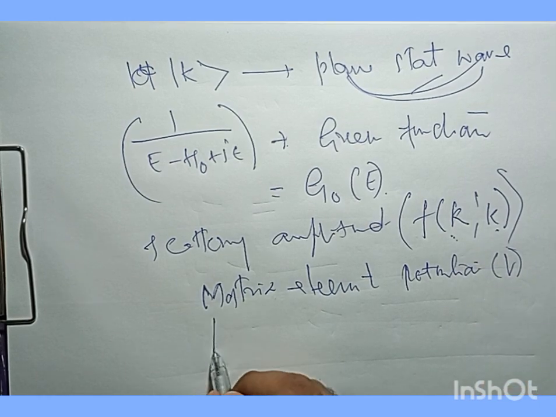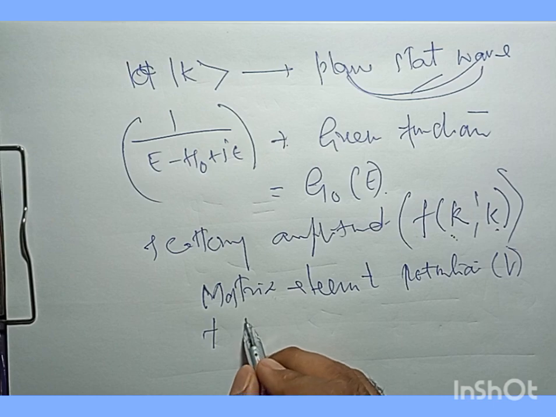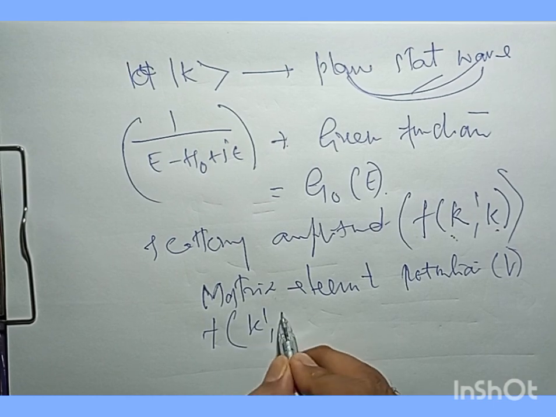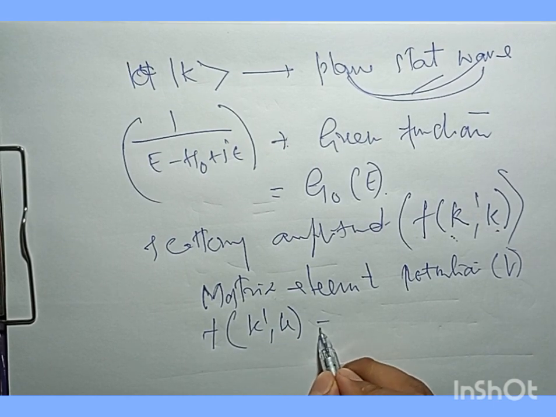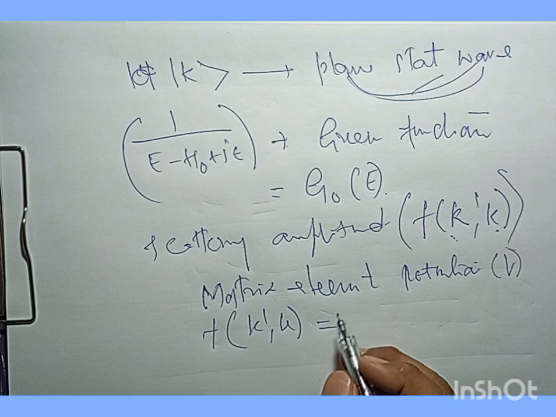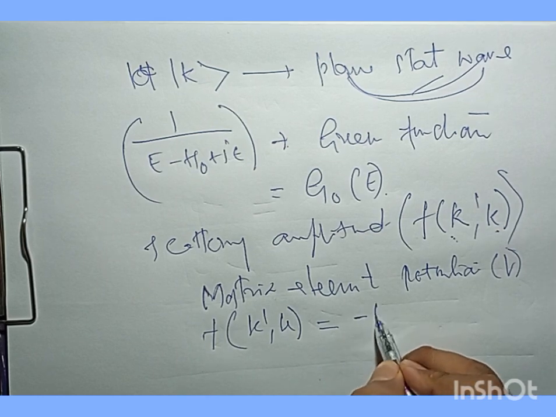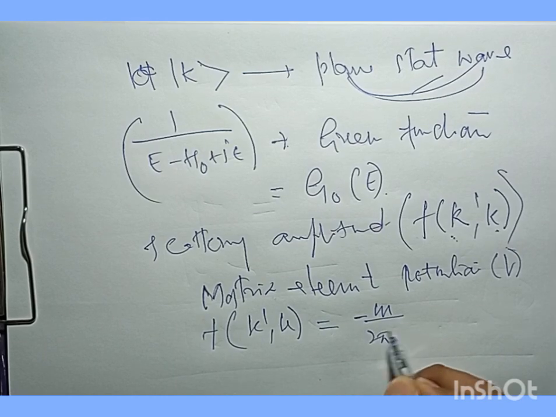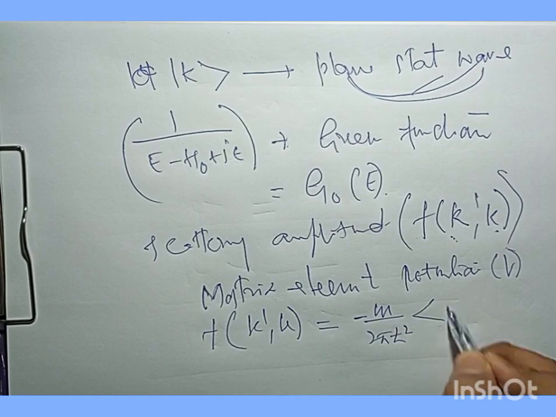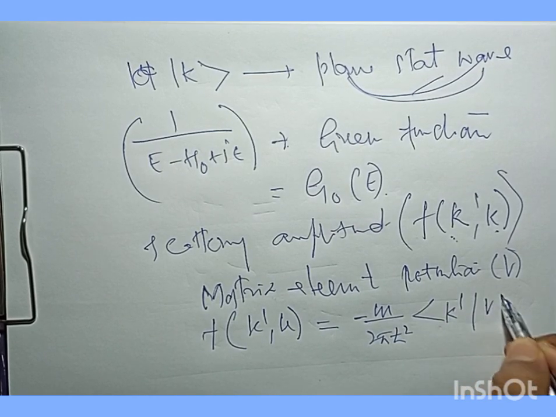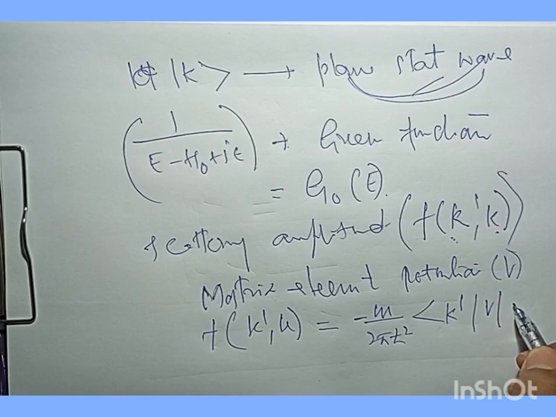So if I have to write this scattering amplitude f of k dash and k, this must be equal to minus m by 2 pi h bar squared, k dash, then V, then the scattering state psi of k.